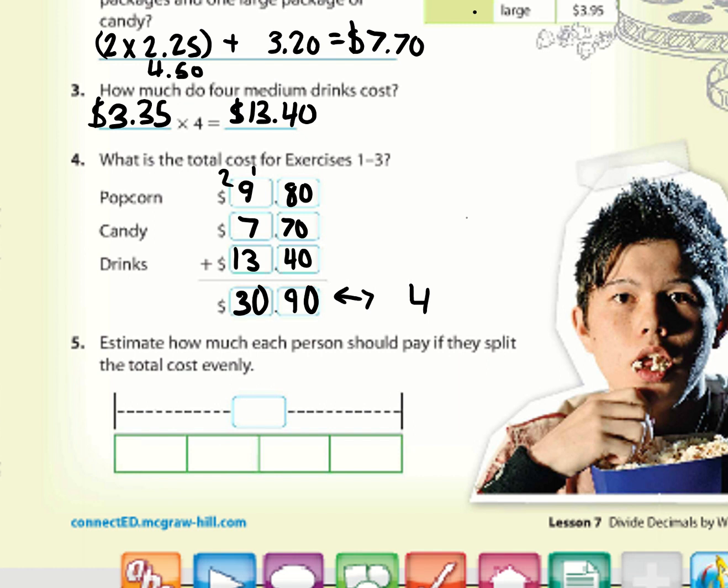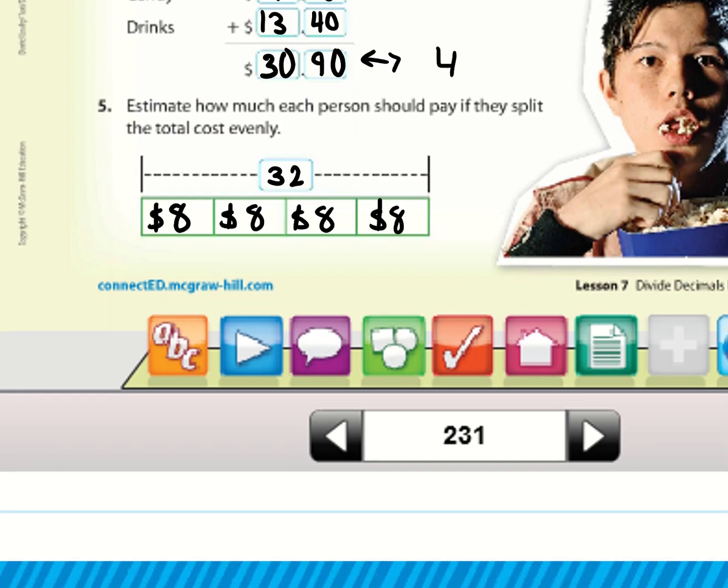I think our options are 28 and 32. 32 is a tad closer, so we're going to go with a compatible number of 32. And if we do 32 divided by 4, that's going to be split up in 8 different ways, or $8 each way. So just remember, that's the estimating.